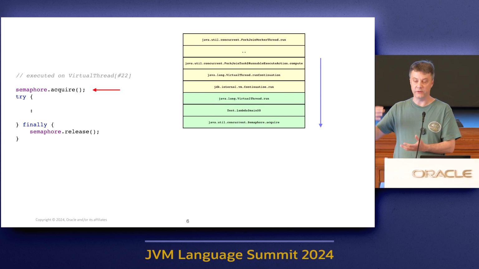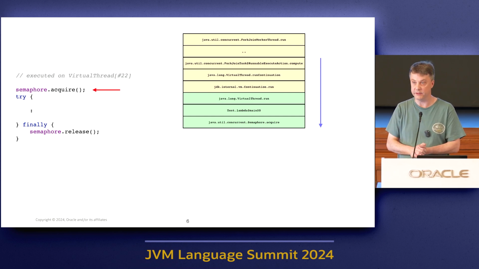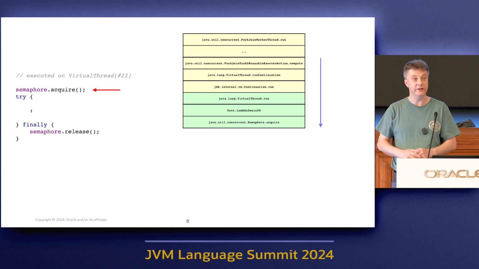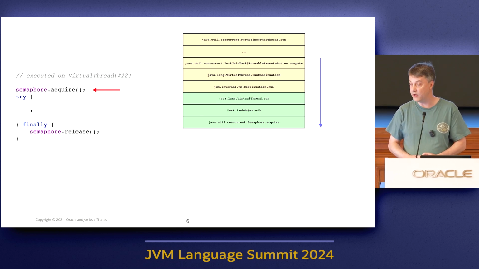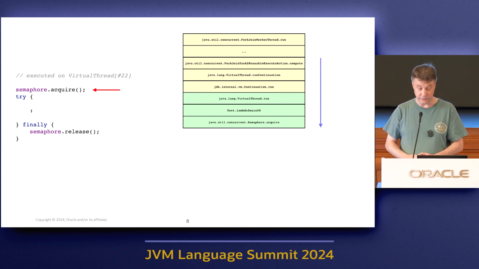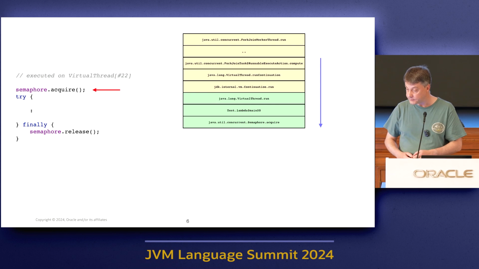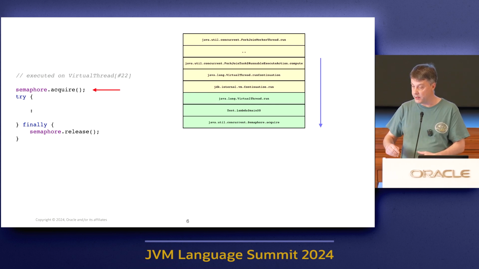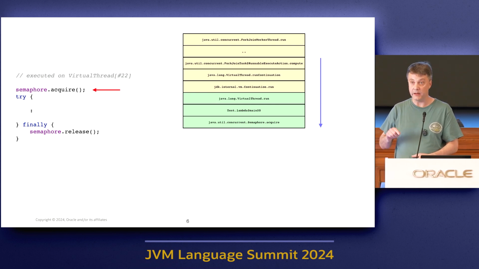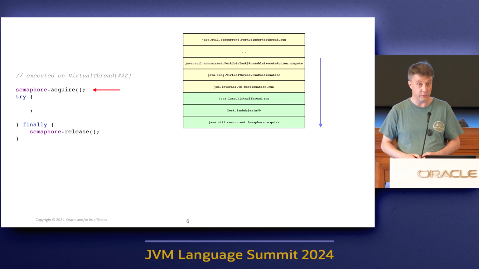And we have mounted a virtual thread on top. The frames you see in green are the virtual thread's stack. The virtual thread is going to call semaphore.acquire.